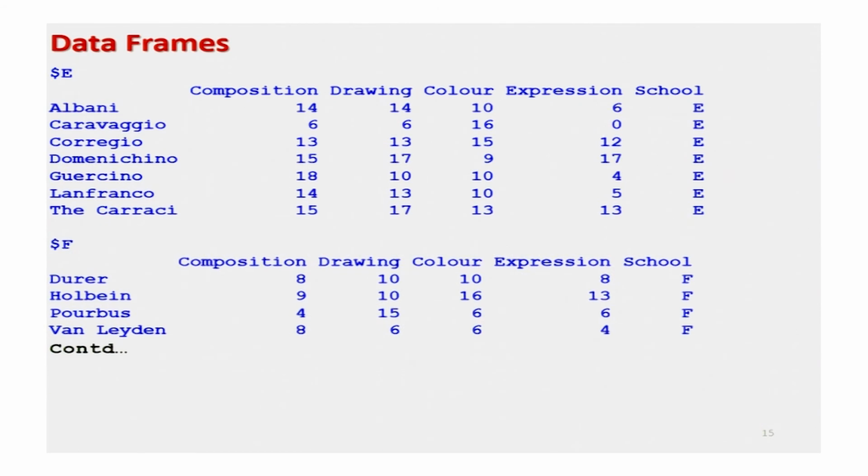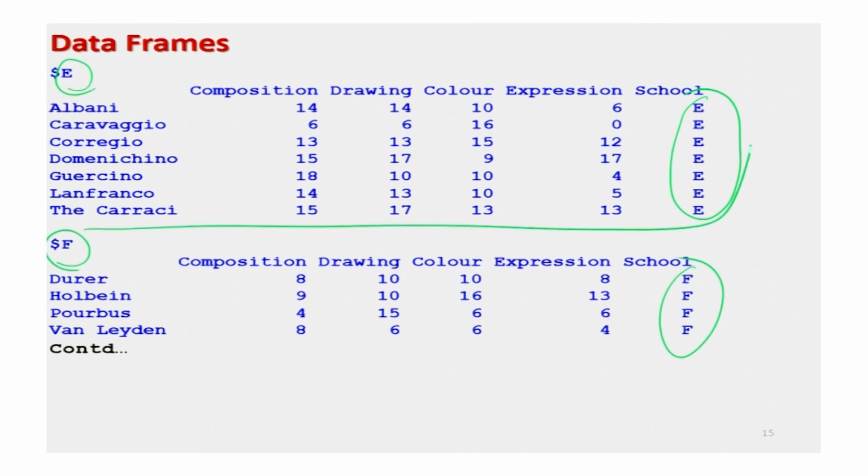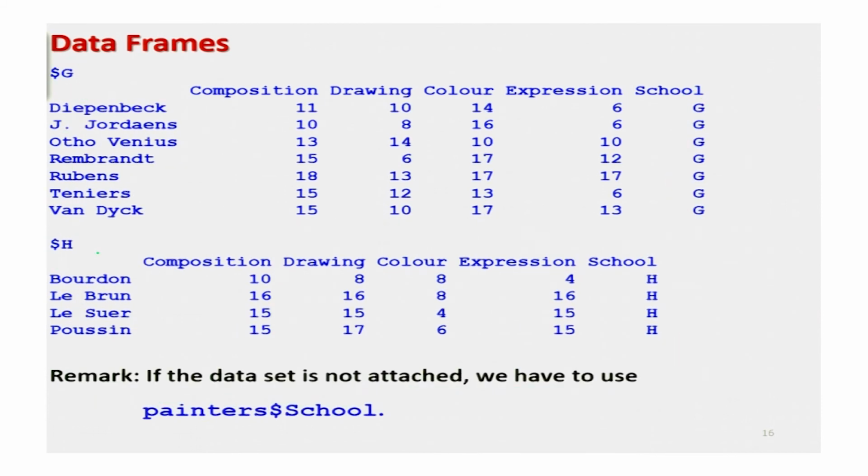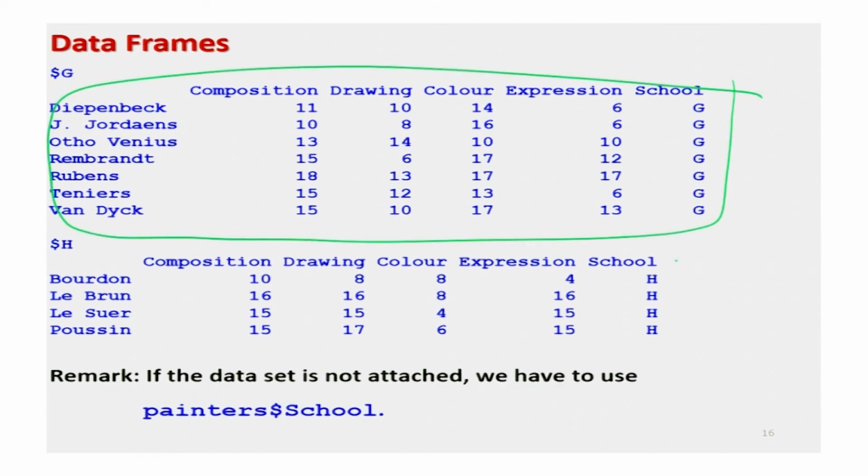Similarly, we have school E and school F, and their data is indicated by $E and $F, and this is the data for E and this is the data for F. Similarly for G and H, this is the data corresponding to G and then corresponding to H, like this.